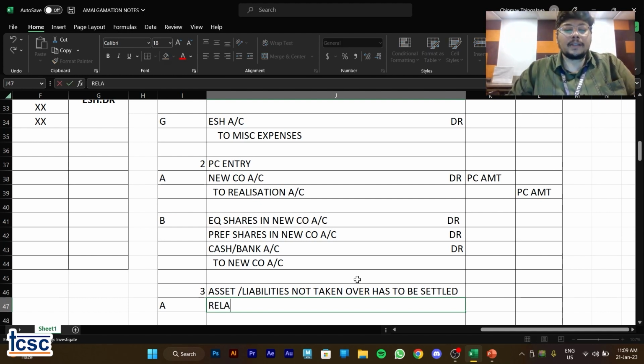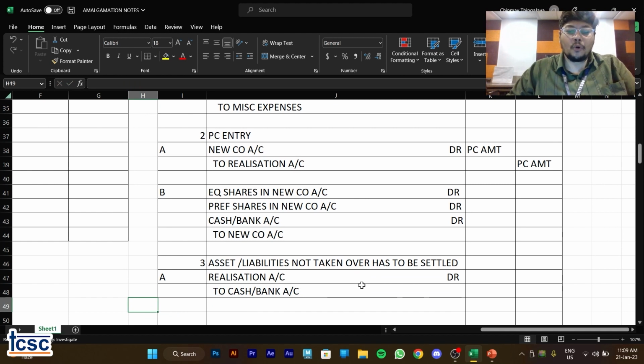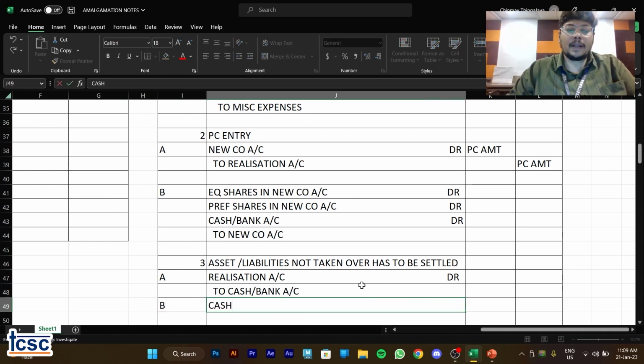So it will be realization account debit to cash bank account, or it will be cash bank.